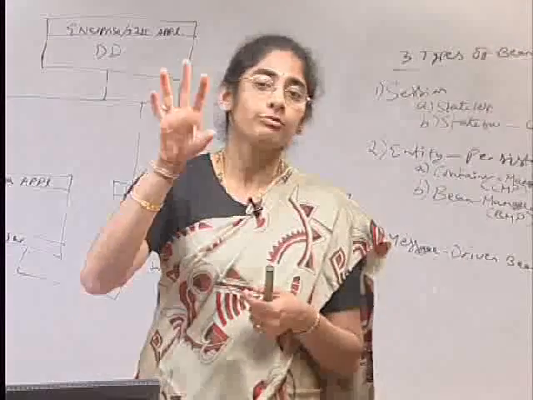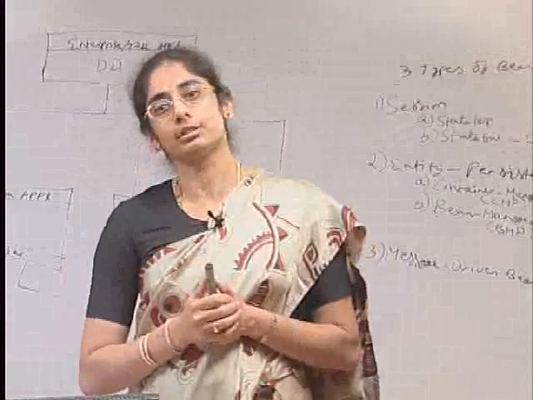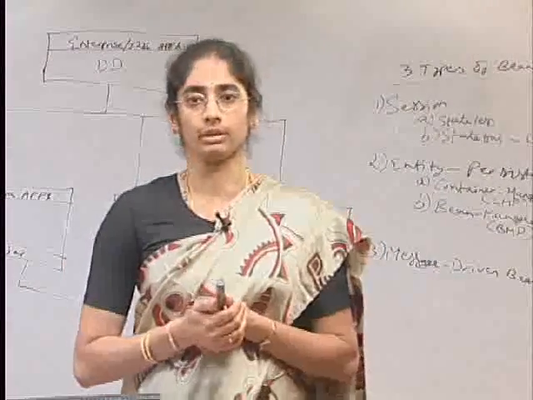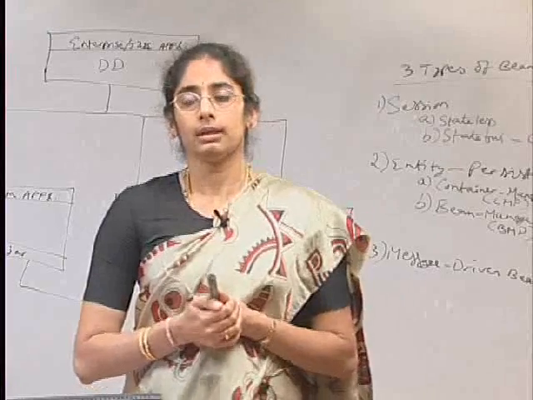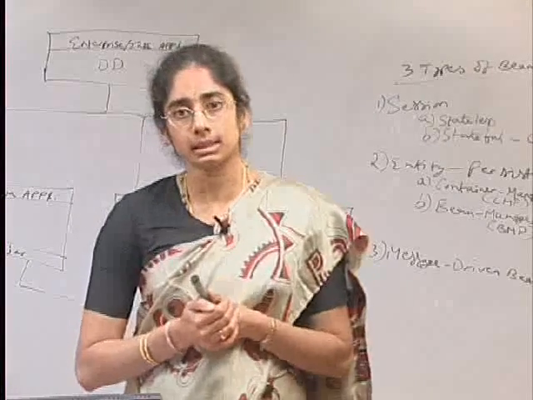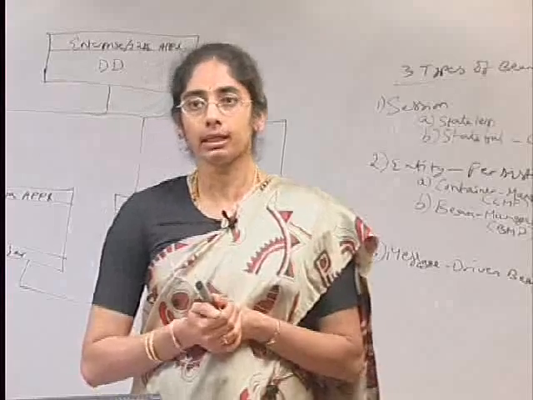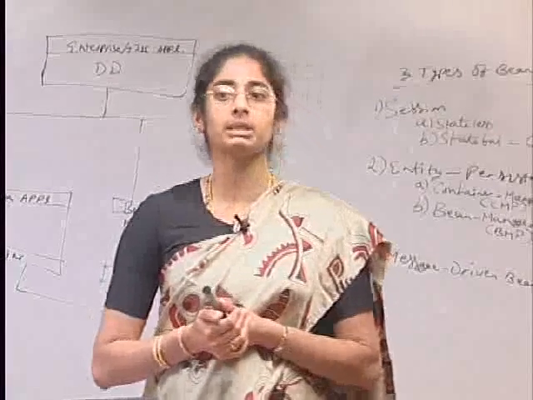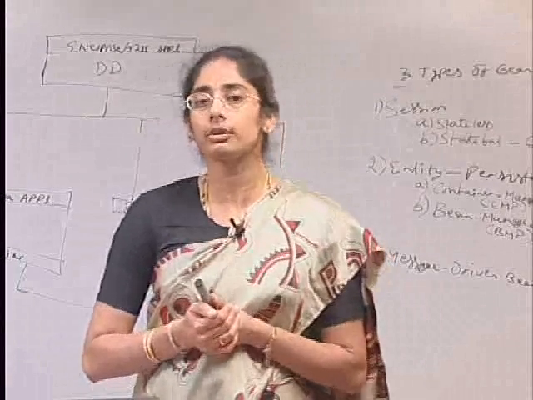There is a state for the client being maintained in a stateful session bean. That is why it is called stateful. Client state is represented here, and this client state can be accessed across the methods of a stateful session bean.